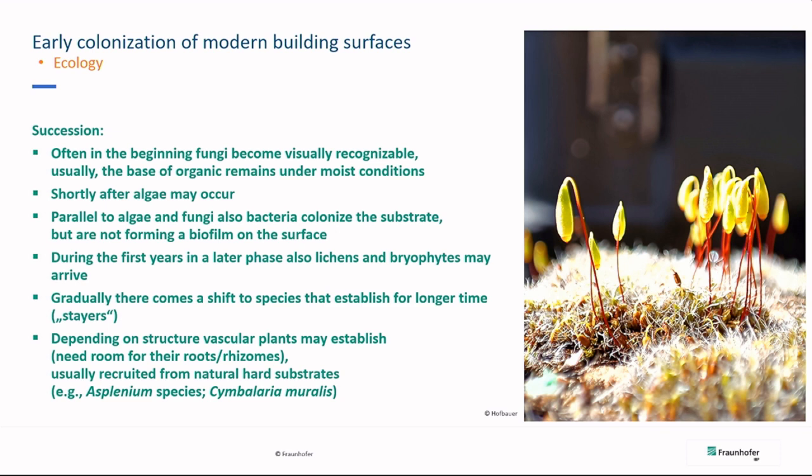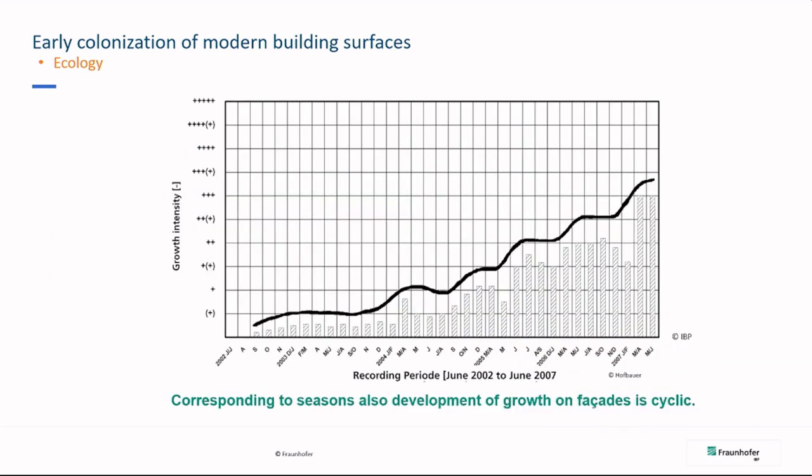And depending on the structure of the surface, if there is room for some roots, then also vascular plants may colonize even after a few years. And this is a feature we have especially in our climate here in Central Europe. This is corresponding to the seasons.